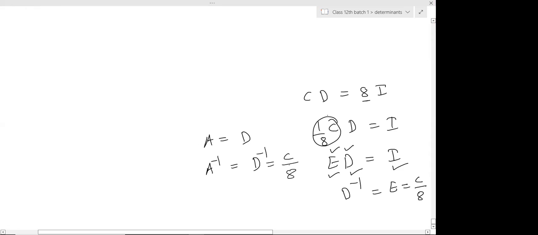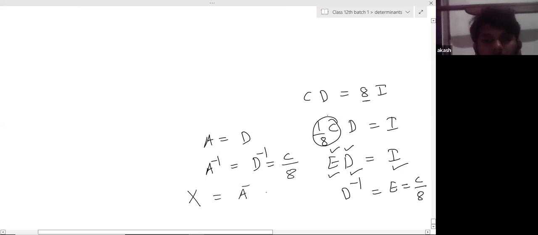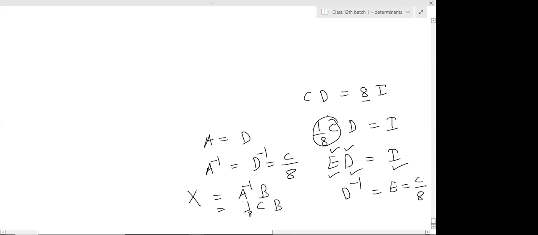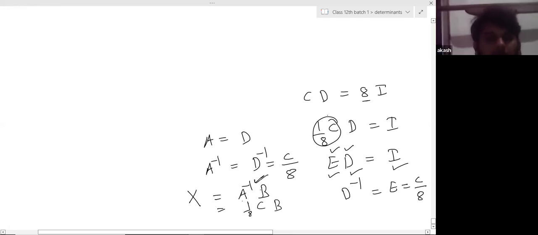And to solve the equation for x, we need A inverse times B. So instead of A inverse, we can write 1 by 8 times C matrix multiplied by B matrix. Okay, sir. Got it. So you don't have to find A inverse in this question.